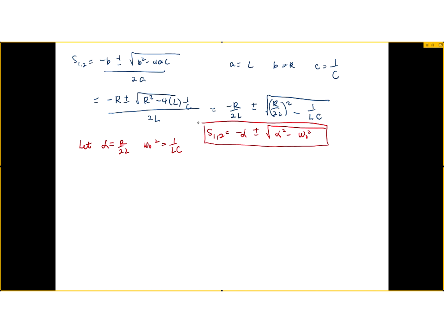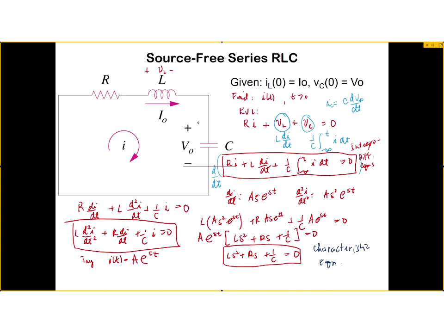Okay? Now once I know the value of s1,2, I can use those values in order to find my solution. Remember, we started with the assumption that our solution is of this general form, i of t equals e to the st. And it turns out that we can have up to 2 values of s, s1 and s2.